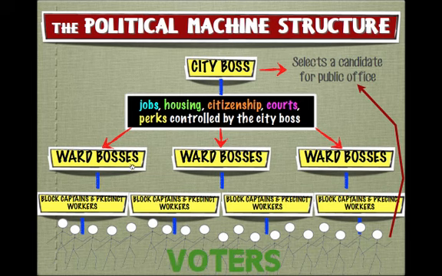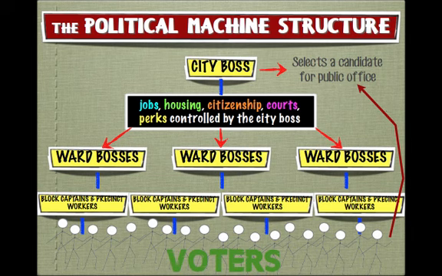Below the city boss are the ward bosses, then the block captains, and at the very bottom are the voters. This whole system is corrupt because it's not based on voters choosing a candidate who's going to make change and improve things for the city. It's just about people wanting to make money and have power.